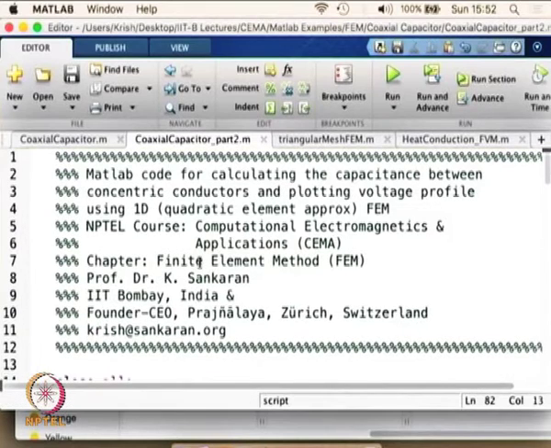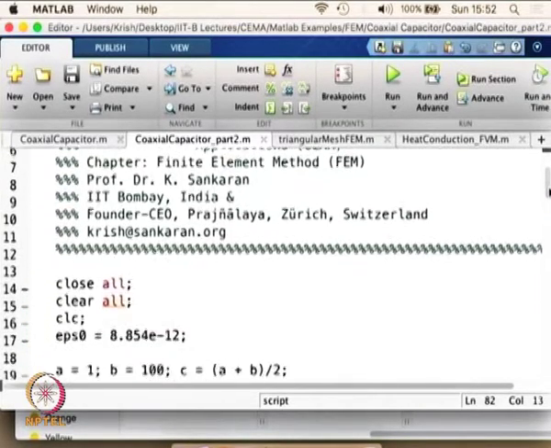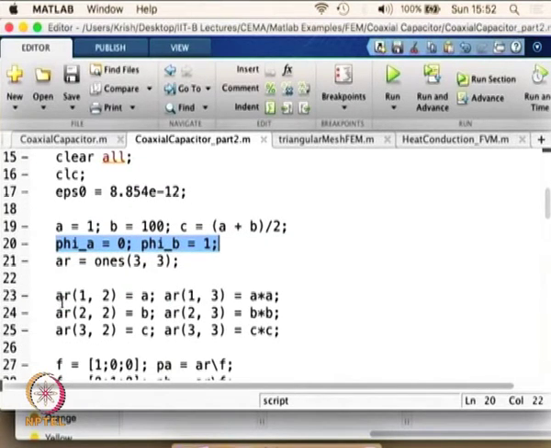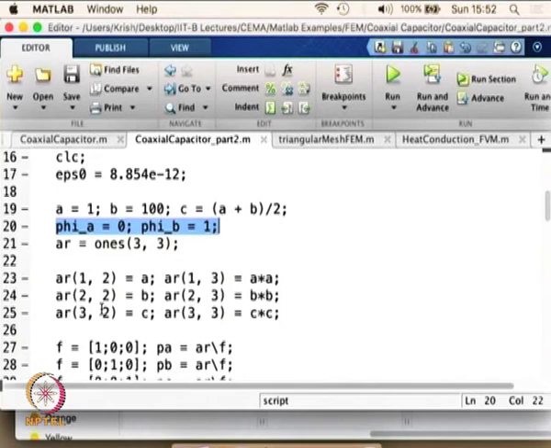So we are going into the second order approximation. MATLAB code for calculating capacitance using quadratic element. So we are going to, like before, set the values for epsilon naught. So we have A equal to 1 and B equal to 100, and like before our initial values for potential internally, for the inside conductor and the outside conductor are given by this, and these are the AR values that we are setting.